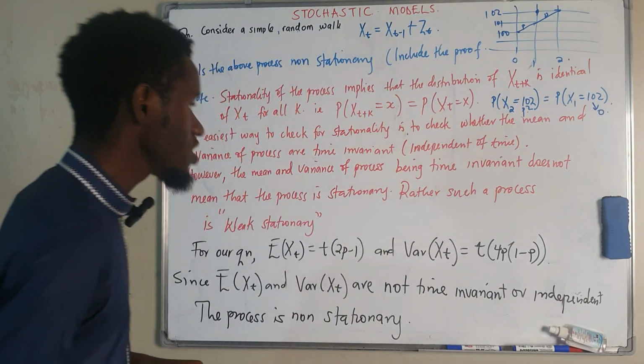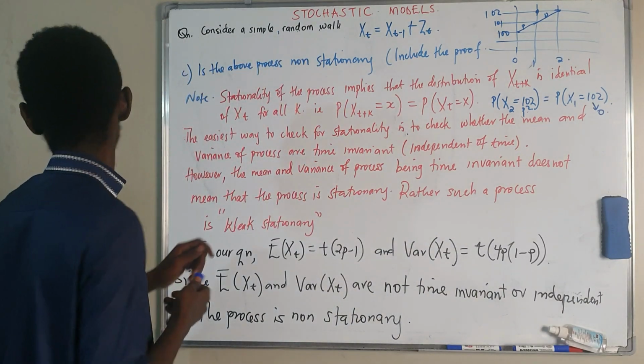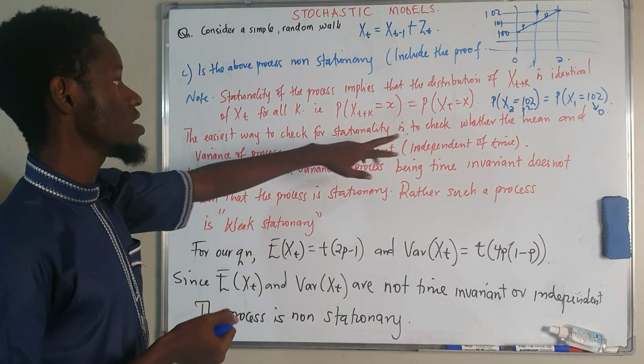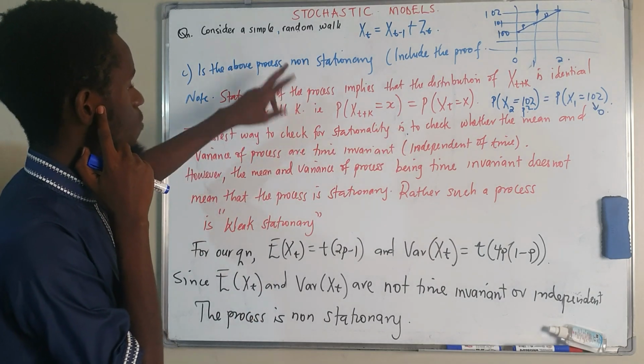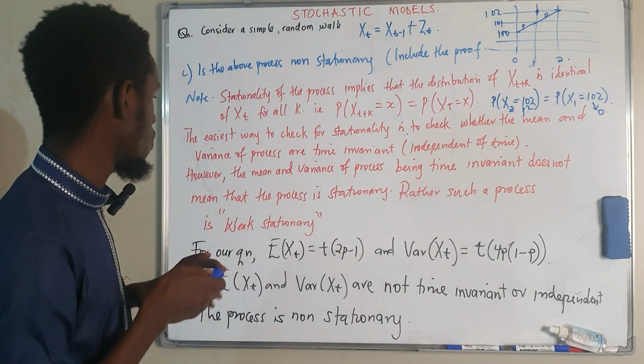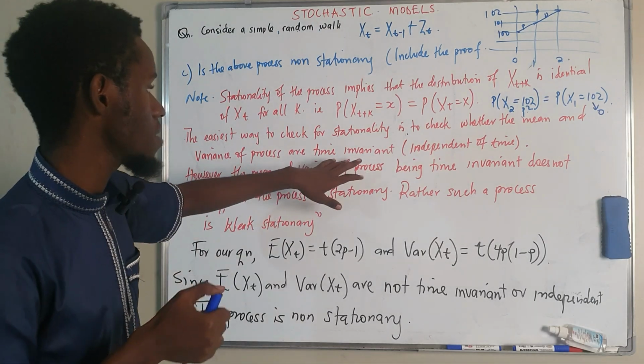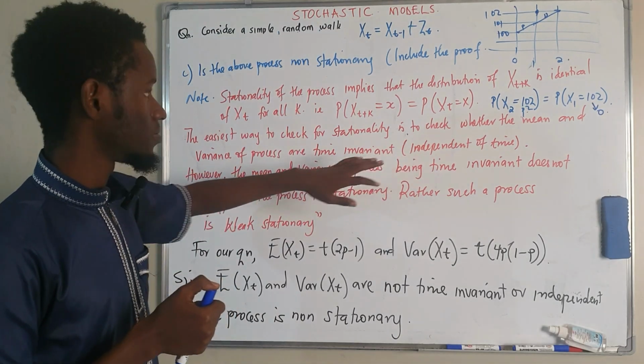But now, the easiest way for us to check whether the probabilities are equal is to check whether the mean and the variance of the process are time dependent or invariant.